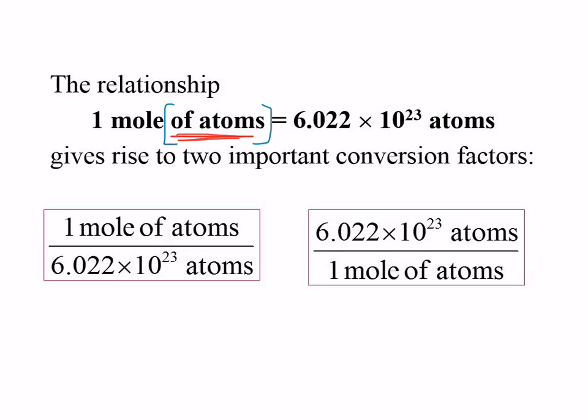Something in brackets for me means it doesn't have to necessarily be there. So we could say 1 mole is equal to 6.022 times 10 to the 23rd atoms. 1 dozen is equal to 12 eggs. 1 dozen of eggs is equal to 12 eggs. Hope that's going to help us down the road.